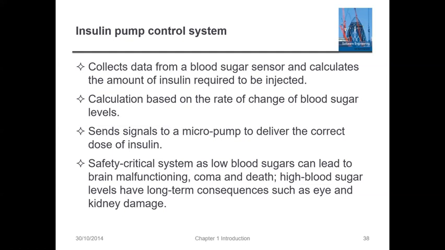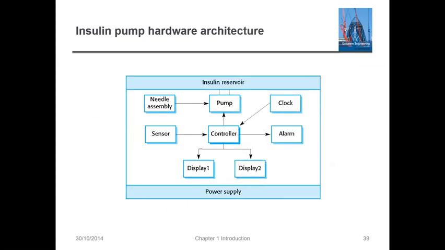So before injecting insulin into any patient's body, we need to properly calculate the amount of insulin. If it is a low blood sugar patient, give the measurement accordingly, and if it is high blood sugar we have to give in that way, otherwise there will be problems.